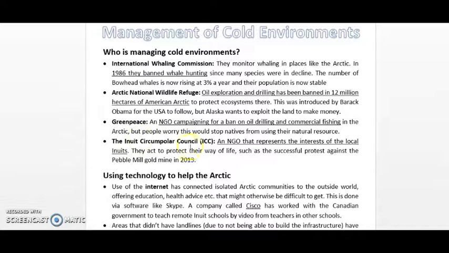Finally, you've got a council, which is a group of people who have the Inuit way of life inbuilt within them, and they sit around a table and they say, right, our culture needs to be protected because loads of people are coming now. You've got the internet, you've got TV.